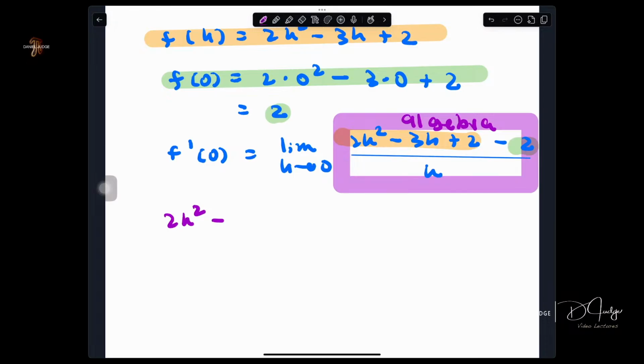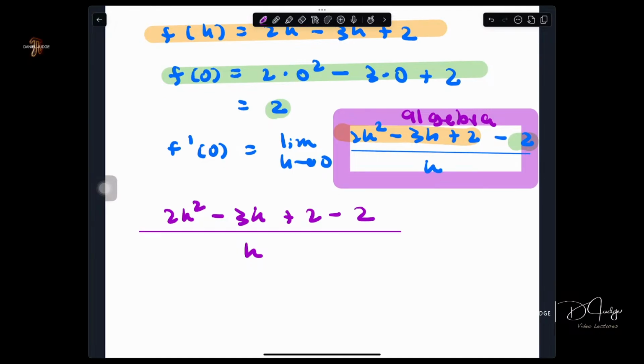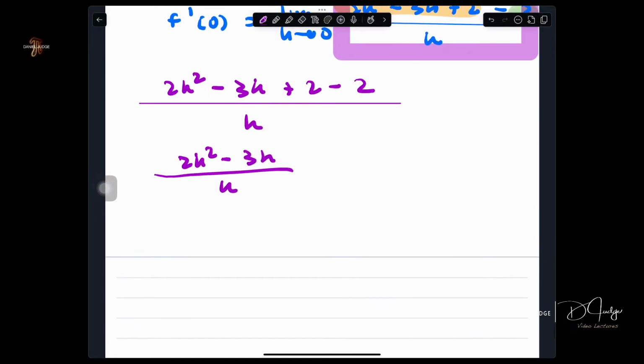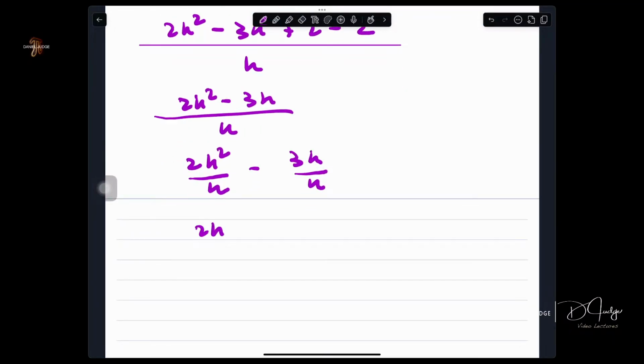Two h squared minus 3h plus 2 minus 2, everything over h. Well, that'll give you 2h squared minus 3h over h. So we can distribute the division of h to both terms. So this gives you 2h minus 3 now.